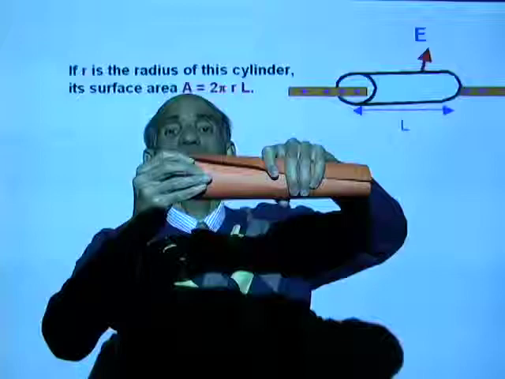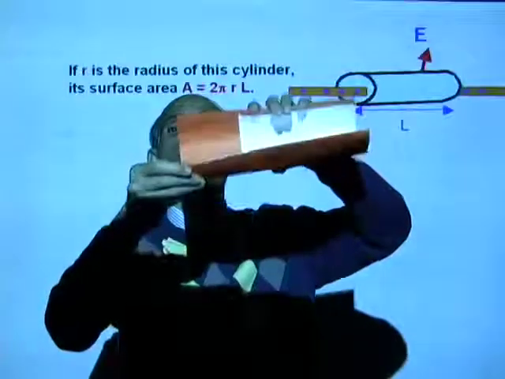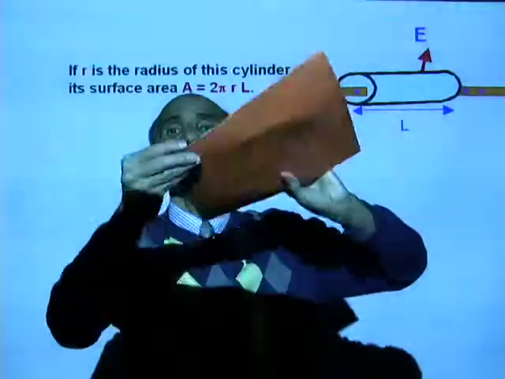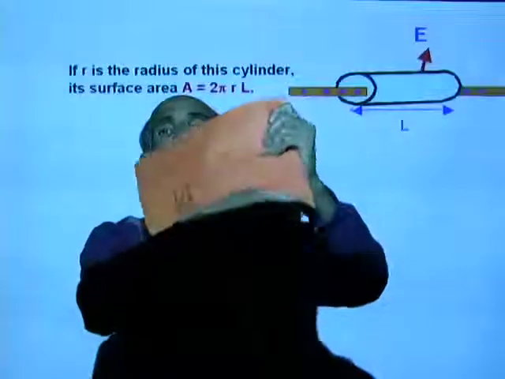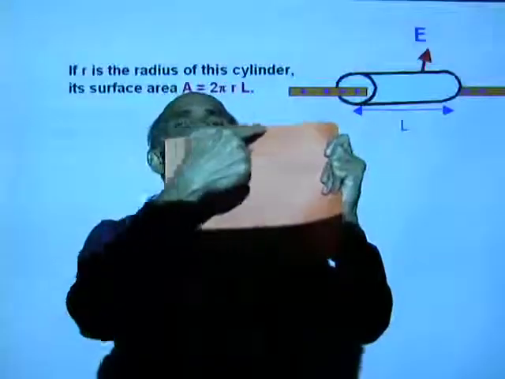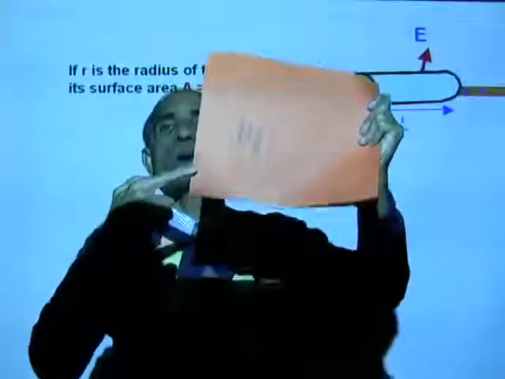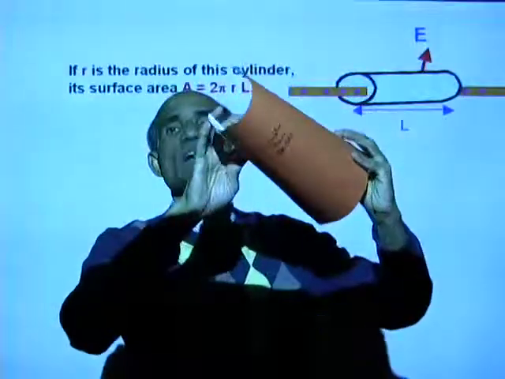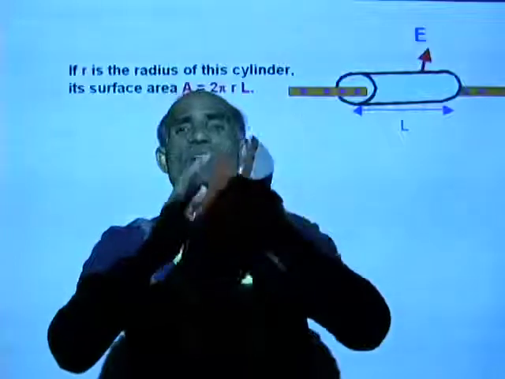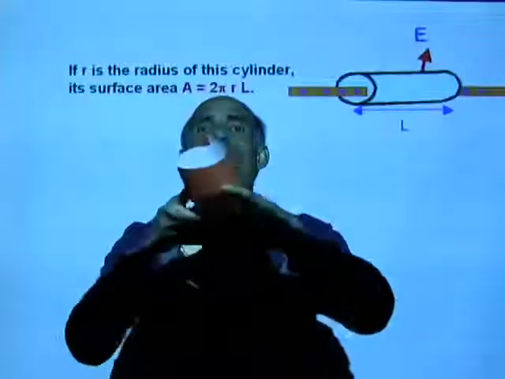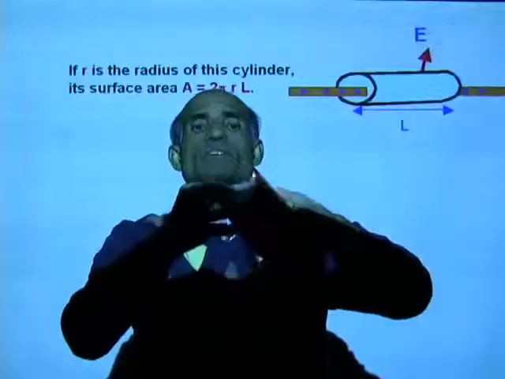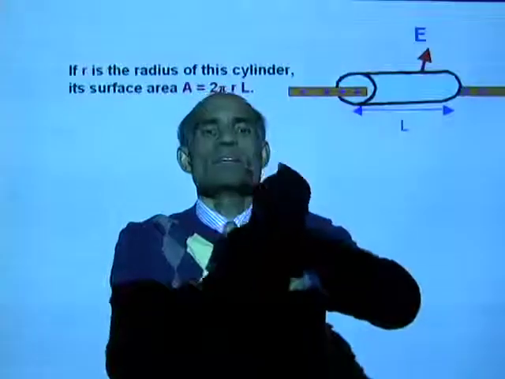The surface area, if I straighten it out, will be given by this length multiplied by this width. But this width, when it is a cylinder, is the circumference of a circle of radius r.